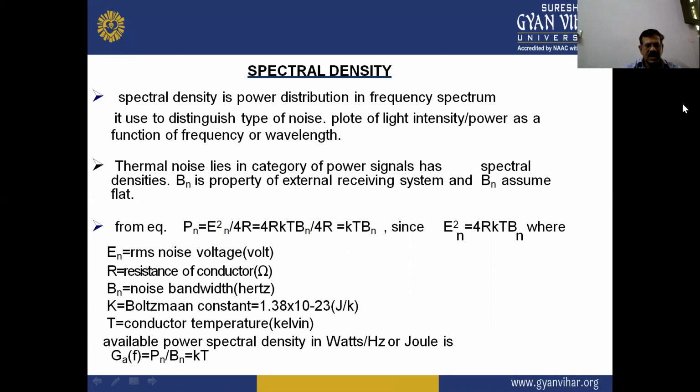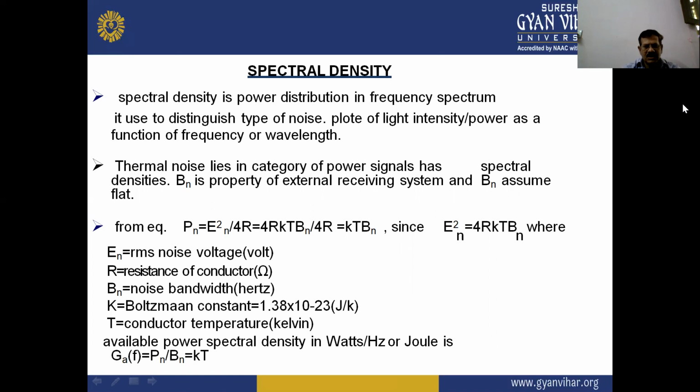Bn is the noise bandwidth, k is the Boltzmann constant, whose value is 1.38 times 10 to the power minus 23 joule per Kelvin. T is the conductor temperature in Kelvin.